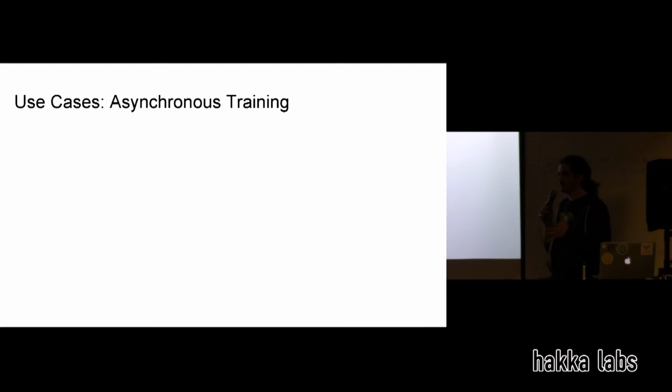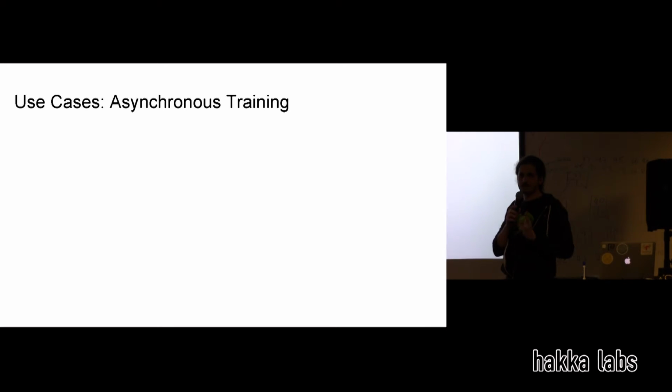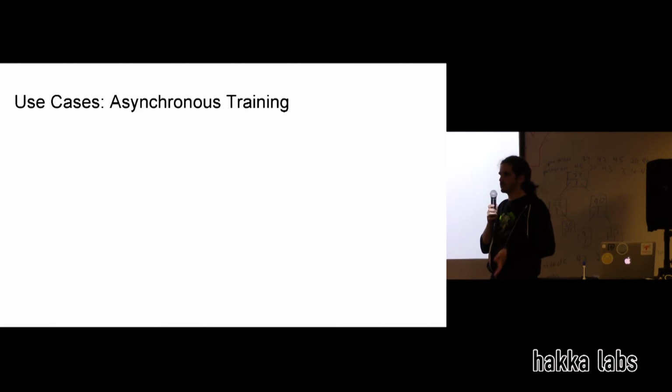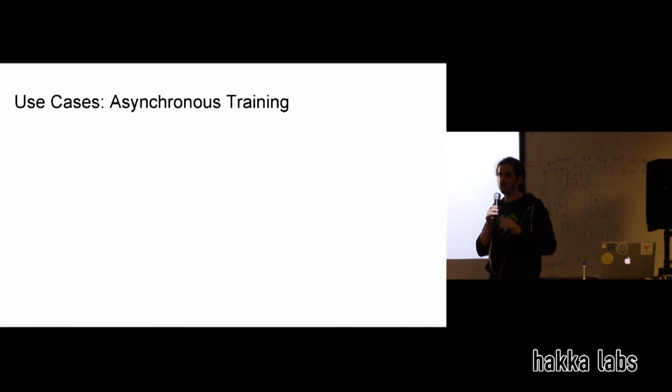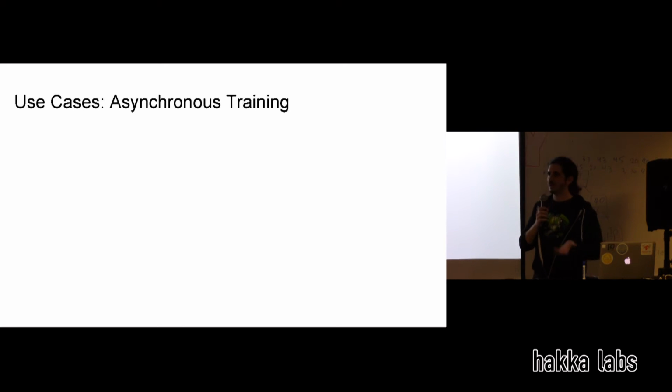So there are two ways of doing the training. One is synchronous and one is asynchronous. The nice thing with asynchronous is all your nodes just keep iterating over the graph without actually communicating with each other. The downside is sometimes some of the nodes will lag behind the others.